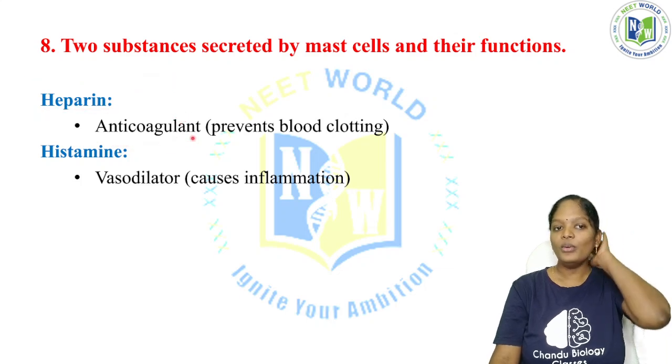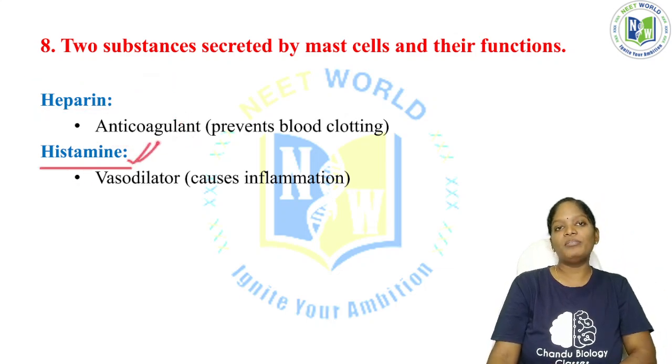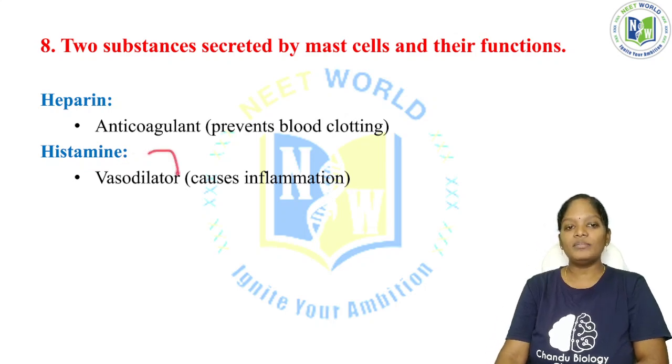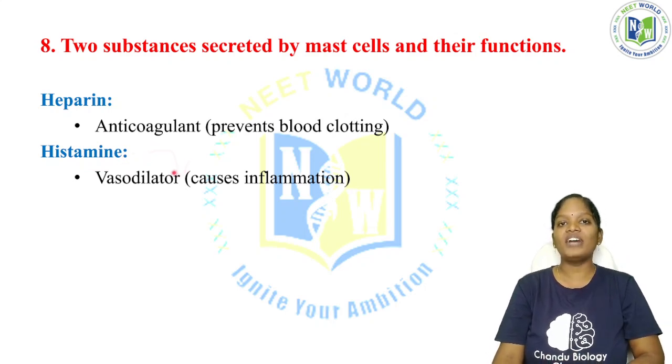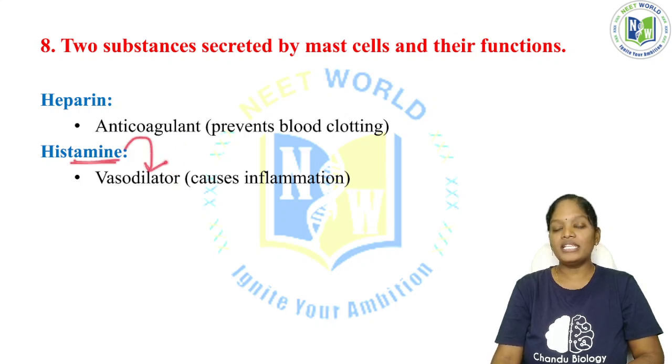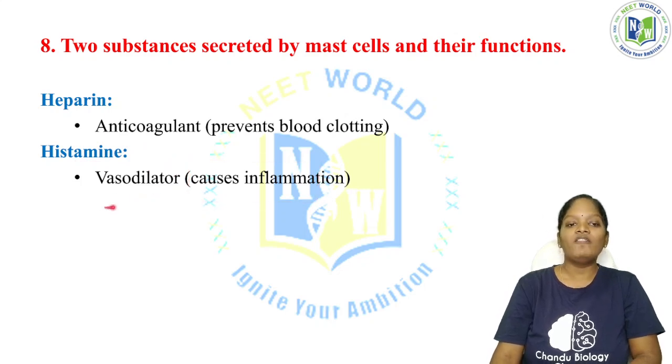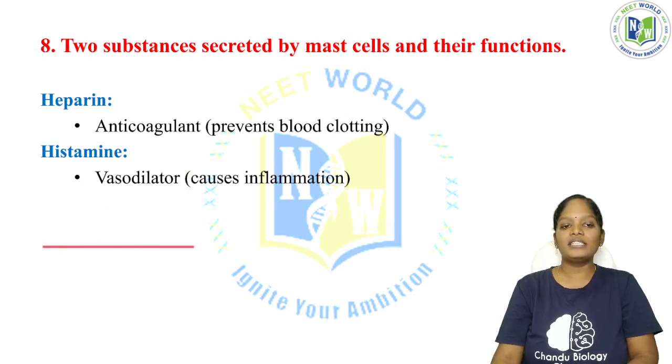Now the other substance is histamine, secreted by the mast cells. Histamine is considered a vasodilator, which is the one causing inflammation. Vasodilator in the sense, consider this is a blood vessel.